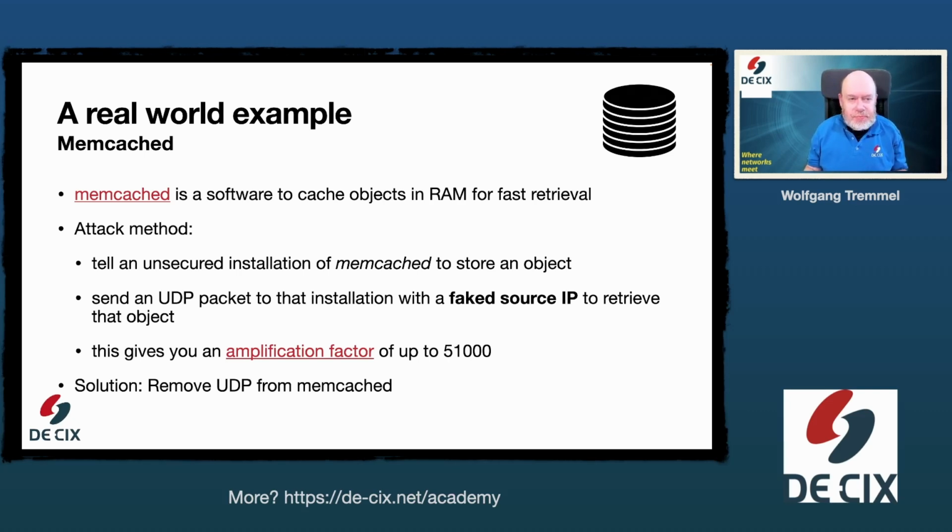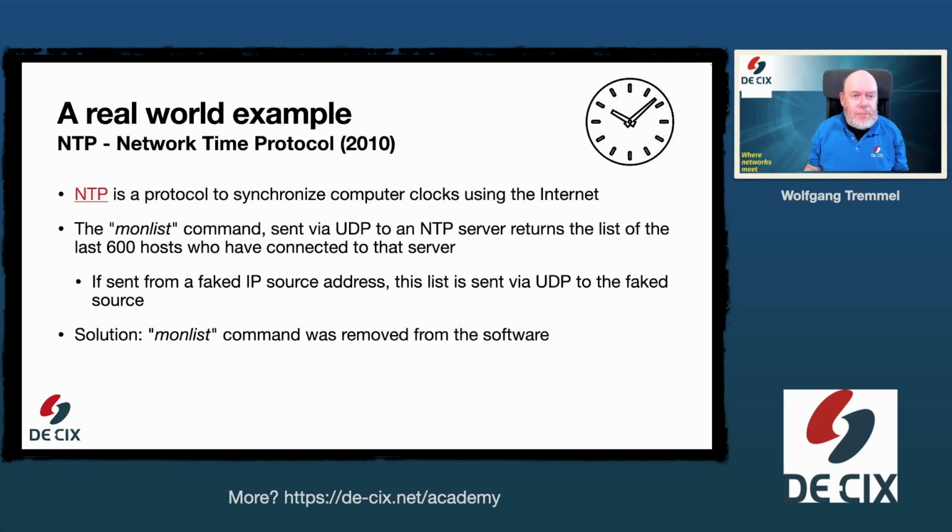Another example is again the network time protocol. Network time protocol had a debug command where you can say, send me a list of the last 600 hosts you have talked to. Well, if you hear 600 hosts, you already know that the list is a little bit larger. So also that was used to attack.